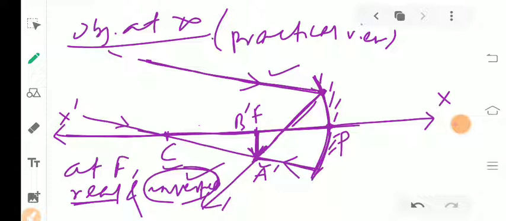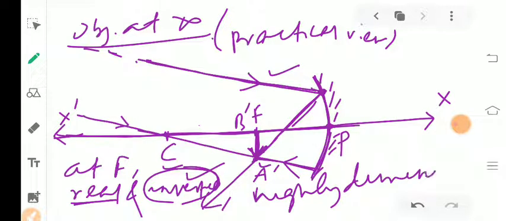Look, actually the object is very large, which is at infinity. If you extend this one, it will go to infinity from the principal axis. As compared to this, the image is very small, hence it is highly diminished.